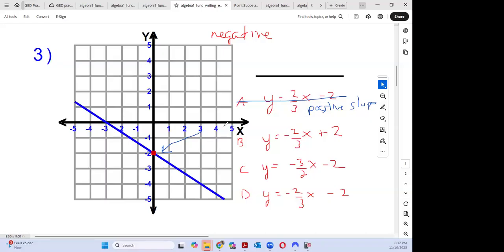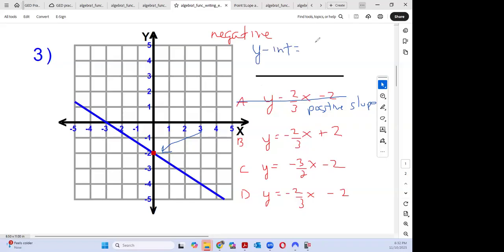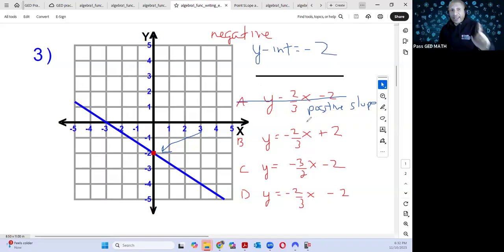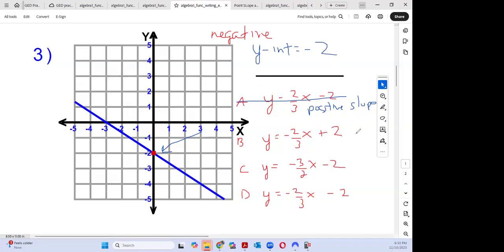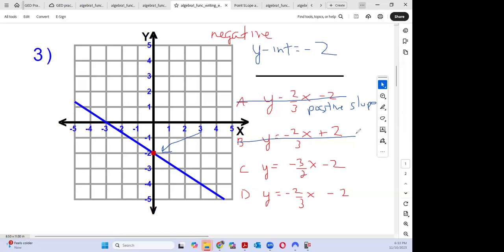I know the y-intercept. The y-intercept is what? Negative 2. So now, Anna, you said A and B first. You were right. The reason why we got rid of A is because A is a positive slope. We know the direction this is going, this is a negative slope.